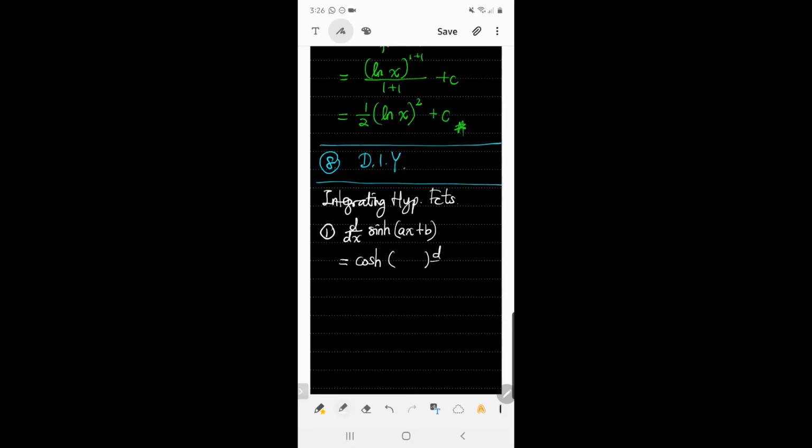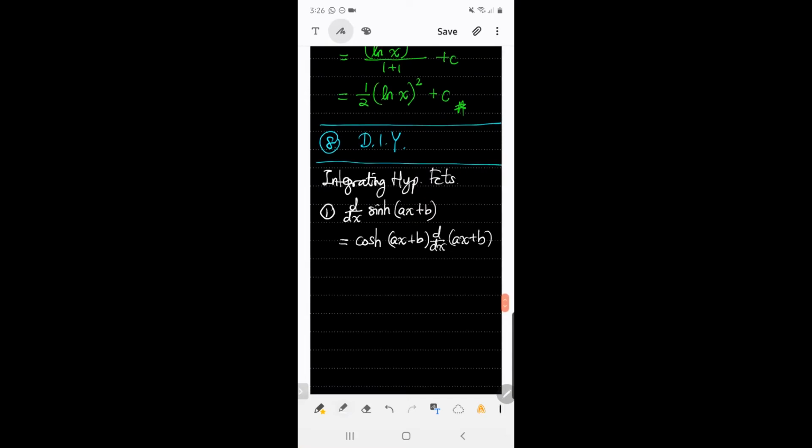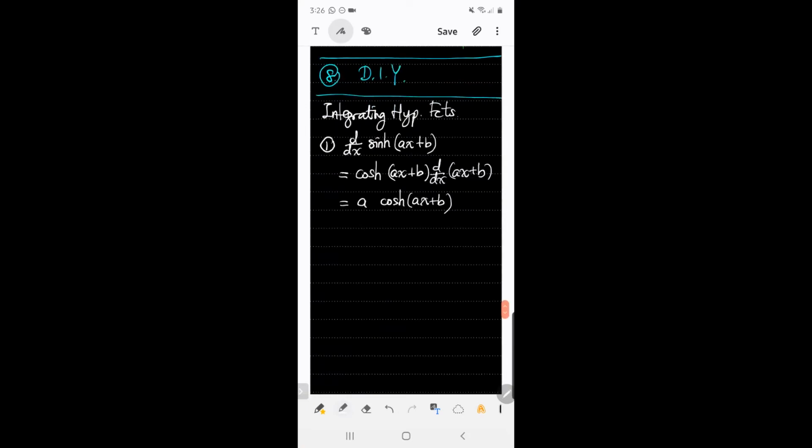Then I have to differentiate the bracket, which is ax plus b. When you differentiate ax plus b, that gives you a. Hence, you get the answer a times cosh of ax plus b.